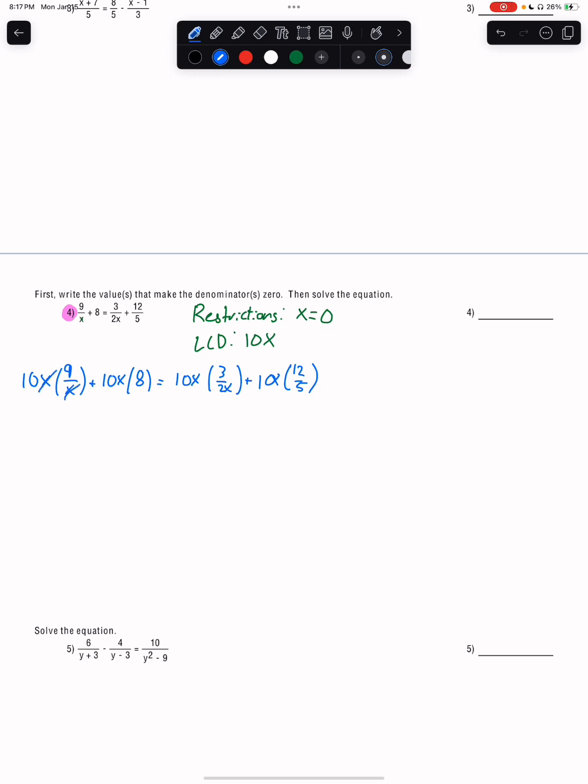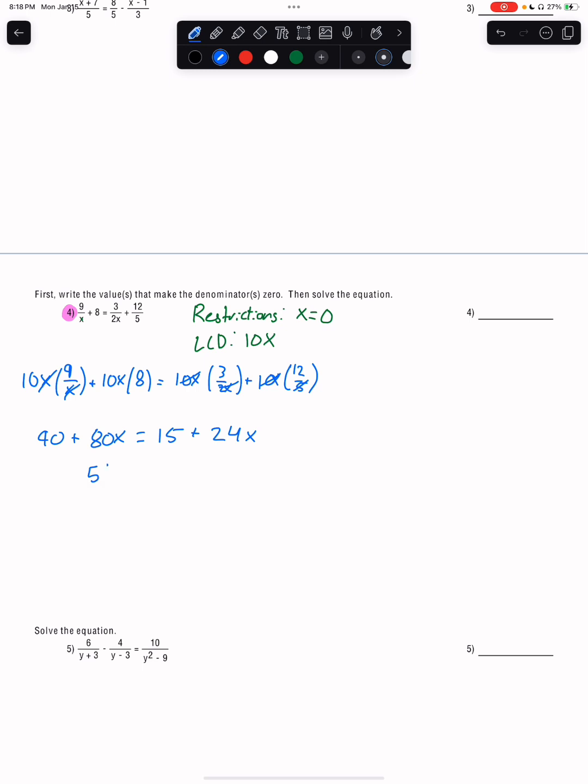And then the x's cancel out here, so we have a 90. Here we get 80x. Now we just need to shuffle some things around.